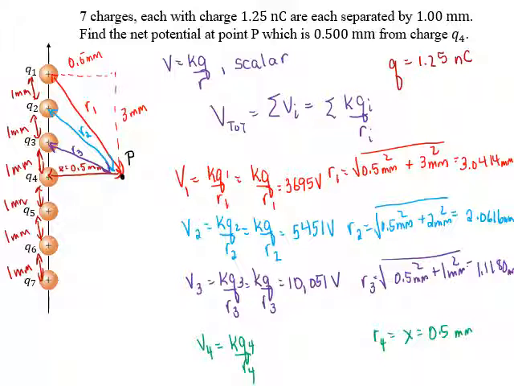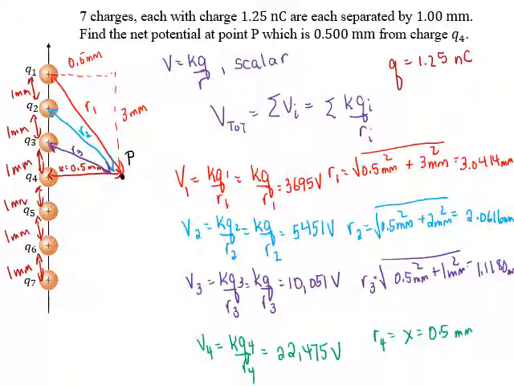So now that I'm getting even closer, I expect my potential's getting even bigger. 8.99 times 10 to the 9 times 1.25 times 10 to the minus 9 divided by 0.5 times 10 to the minus 3 meters gives us a potential due to R4 of 22,475 volts.